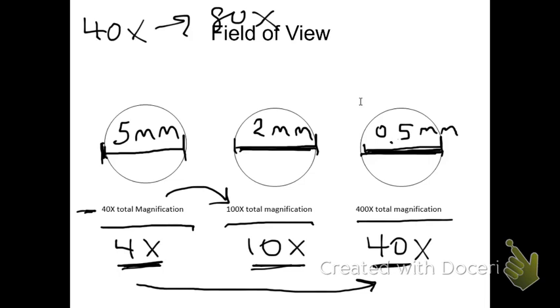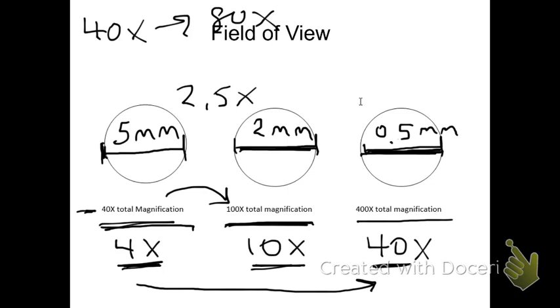Okay, that's the logic I want you thinking about. So if things go from 40x up to 80x, you would say, oh, that object is now going to appear to me to be twice as large. Well, if I'm going from 40x to 100x, things are going to be how much larger? What fold increase in size am I going to expect? And the answer is 2.5.